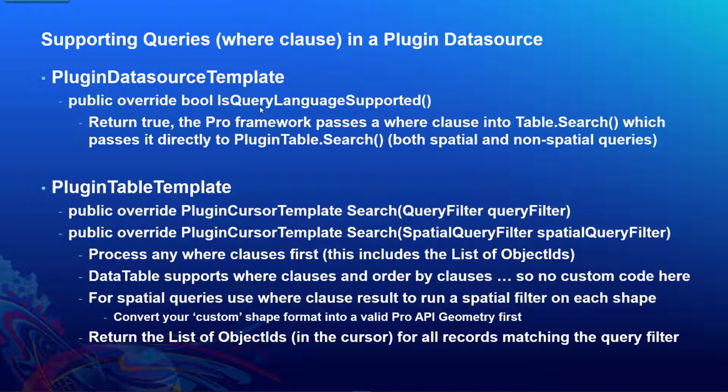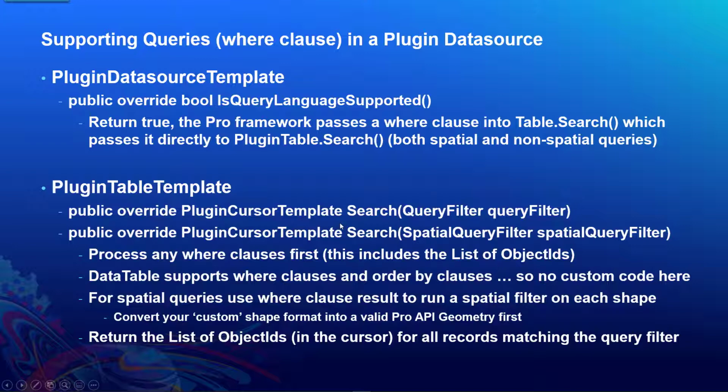Now, if we return true, the Pro framework passes a where clause into table.search, which passes it directly into plugin table search for both spatial and non-spatial queries. So now, if these where clauses are passed in, then we can use them to perform our search in the plugin data source code and hence improve performance.